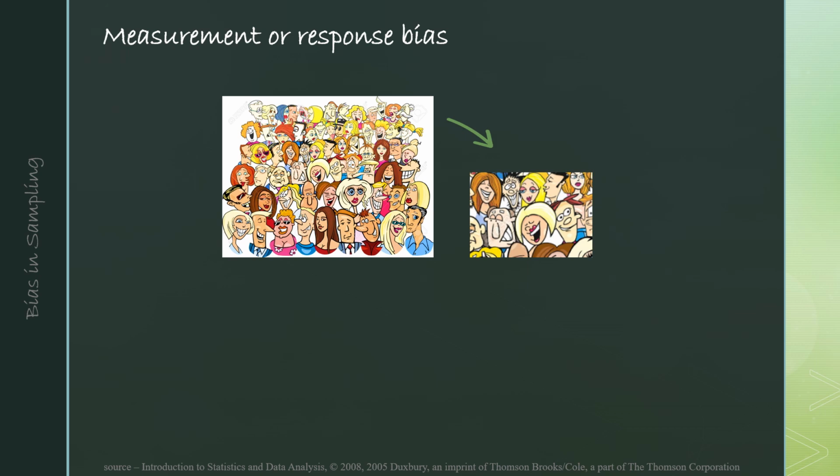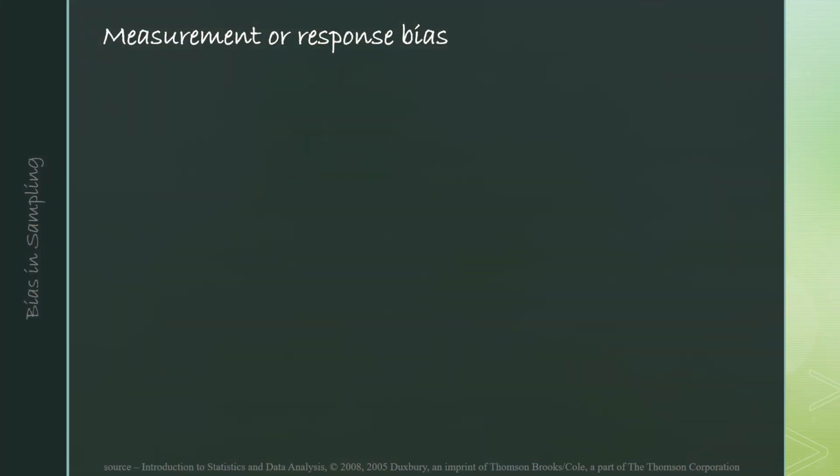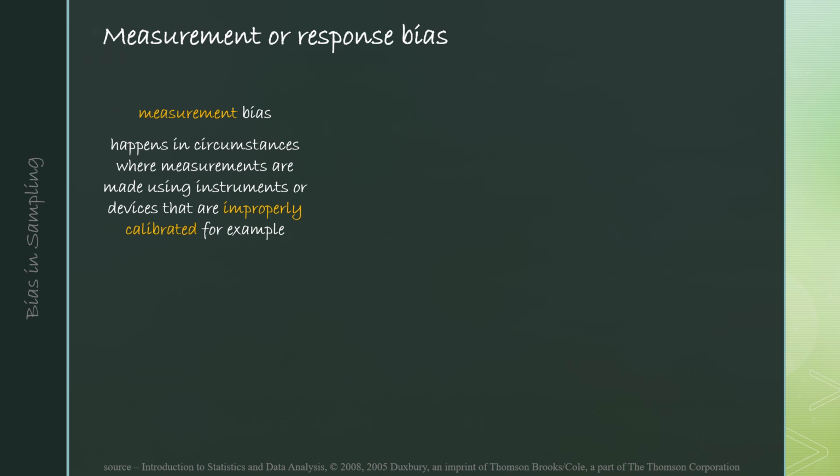Measurement or response bias. Measurement or response bias may occur in the process of extracting information from the selected sample, that is, post-selecting the sample. Measurement bias happens in circumstances where measurements are made using instruments or devices that are improperly calibrated.